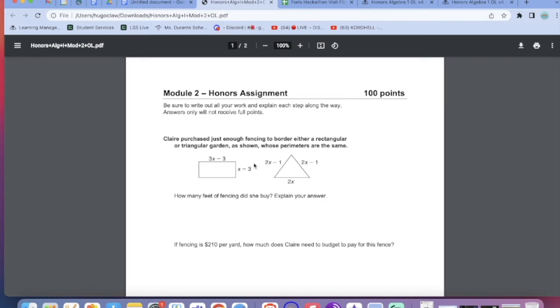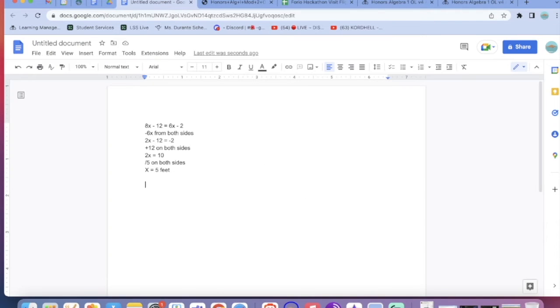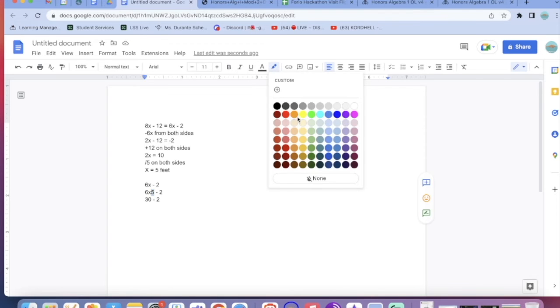Since this one is slightly easier, since it only has 3 parts to it, I'm going to use that one. So the equation for this is 6x minus 2. The way that we solve this is taking the 6 and multiplying it by 5, which equals 30, since x is 5.